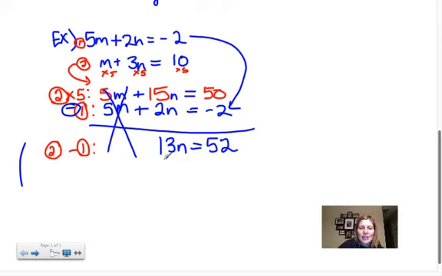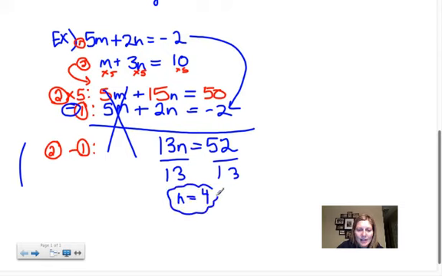And now we're going to divide both sides by 13. And of course, then n is going to equal 4. Okay, so I now have my n value. What I'm missing is my m value. So I'm going to take n equals 4 and plug it back into either equation 1 or 2 or the changed equation. It doesn't matter. Plug it back into any one and it's going to give you the result.